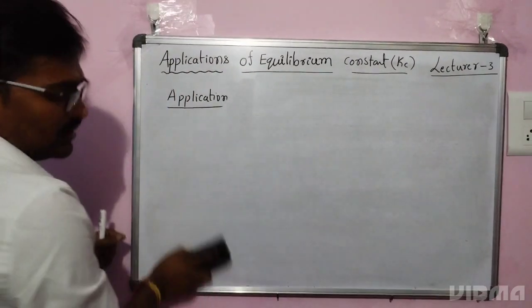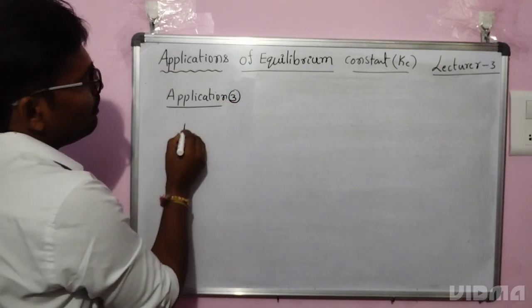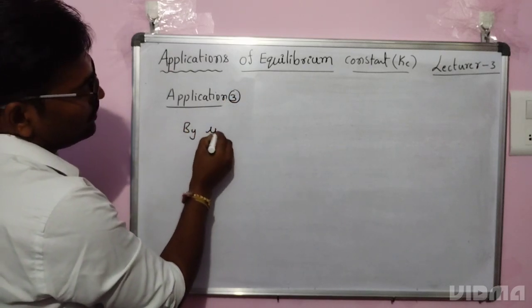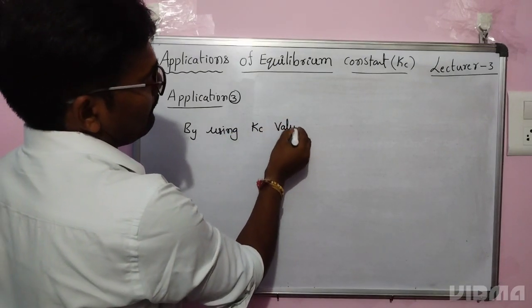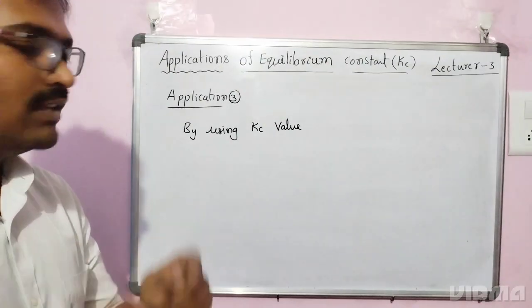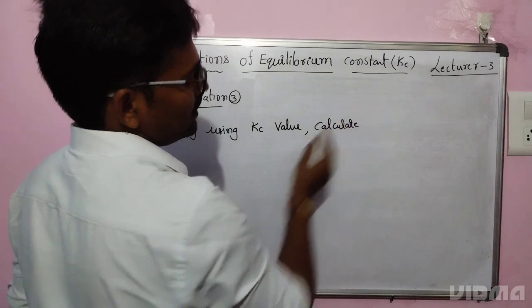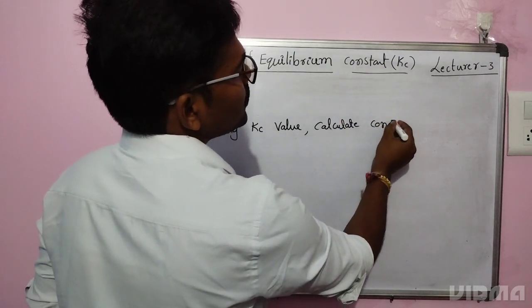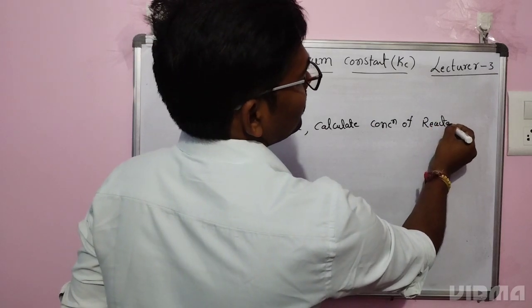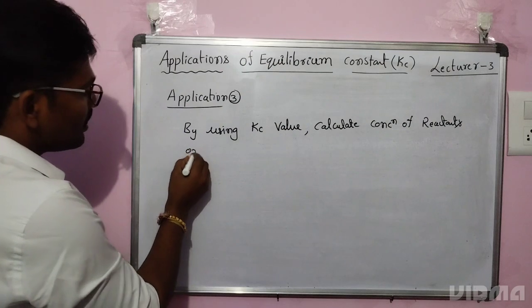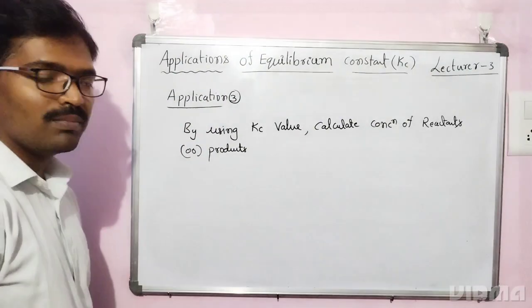Application number 3: by using the Kc value, we can calculate the concentration of reactants or products.